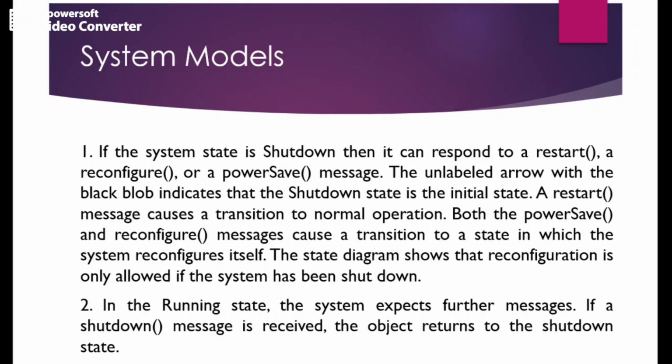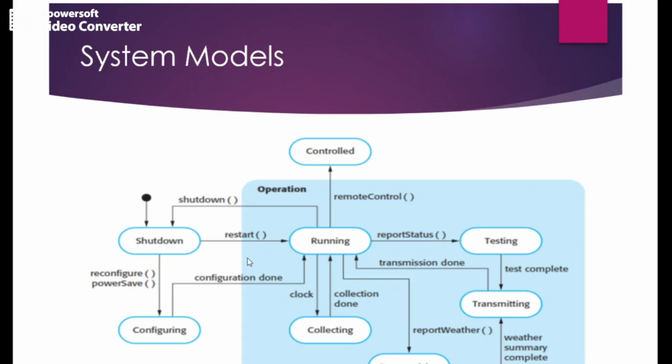A restart message causes a transition to normal operation. Both the power save and reconfigure messages cause a transition to a state in which the system reconfigures itself. So once it receives a restart message, that means it is moved to which state? Running state. Means it is in normal state now.